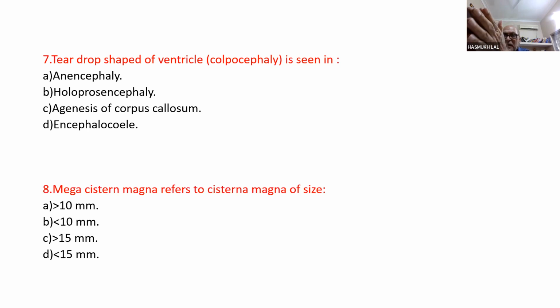Once it is not there, the brain falls apart and it compresses the anterior horn. So the anterior horn will collapse and most of the fluid will accumulate in the posterior part. And that's why it becomes a tear-shaped ventricle. So it looks like a tear, and this is the finding in agenesis of corpus callosum.